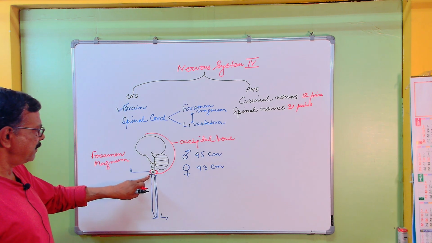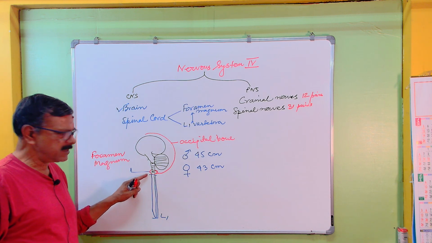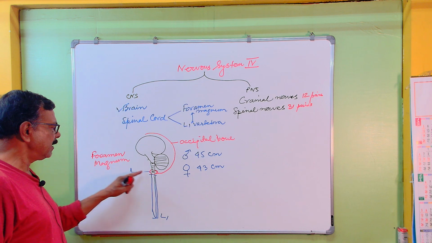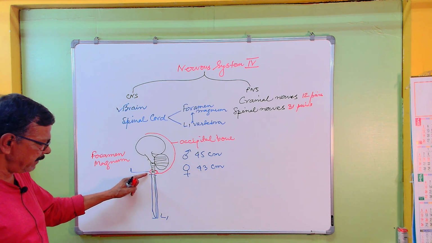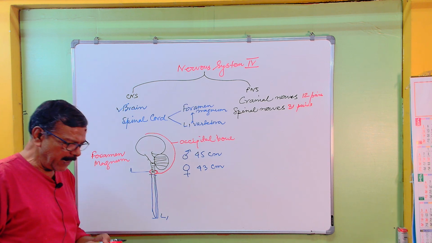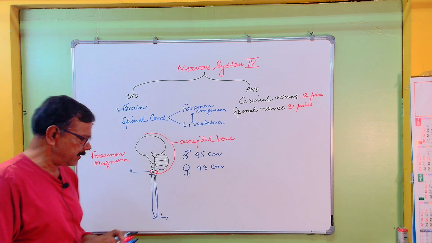So it starts after the medulla oblongata, from the opening of the occipital bone, that is the foramen magnum, and it extends through the vertebral column.